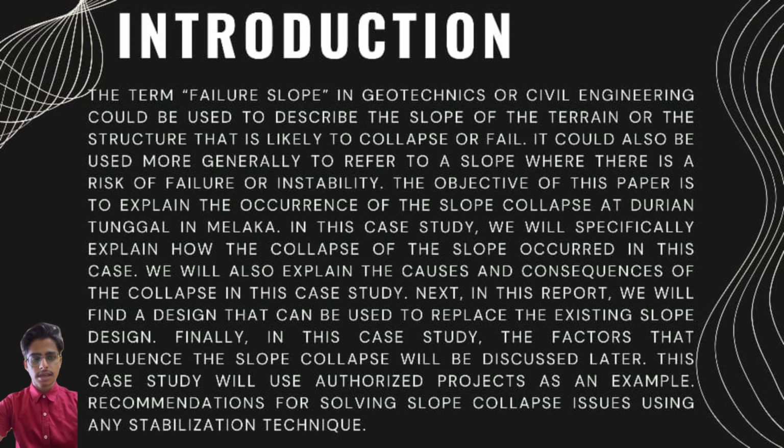And finally, in this case study, the factors that influence the slope collapse will be discussed later. The case study will use an authorized project as an example. Recommendation for solving slope collapsing issues using any stabilization techniques.